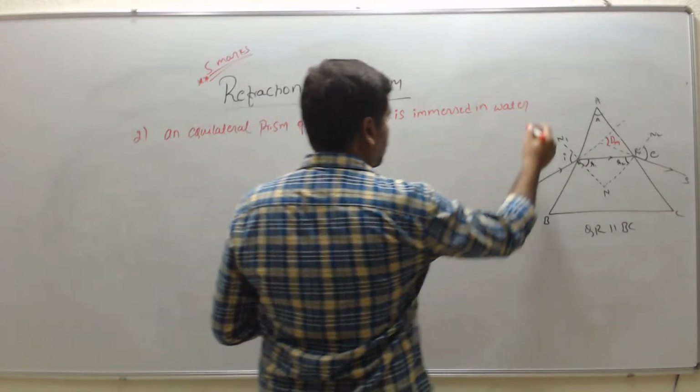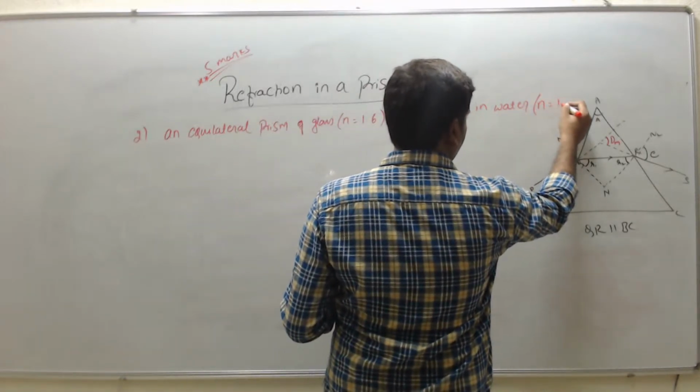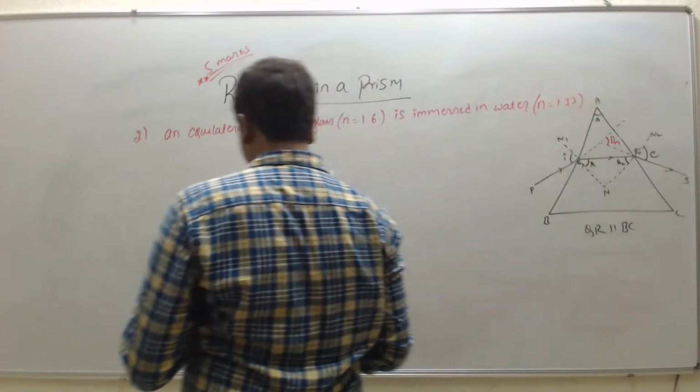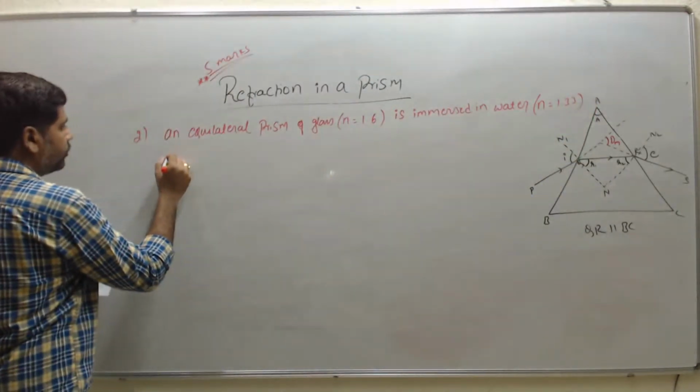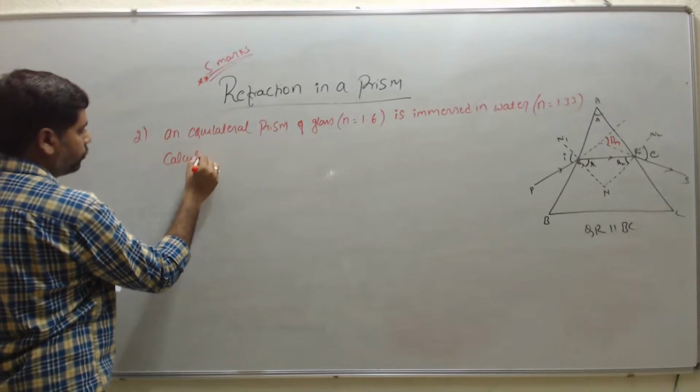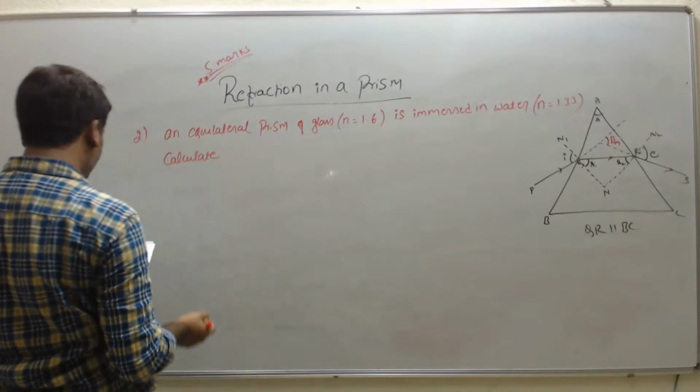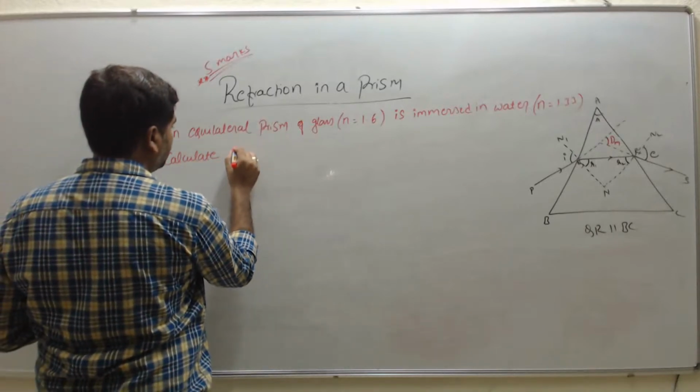The given refractive index of water is n equals 1.33.